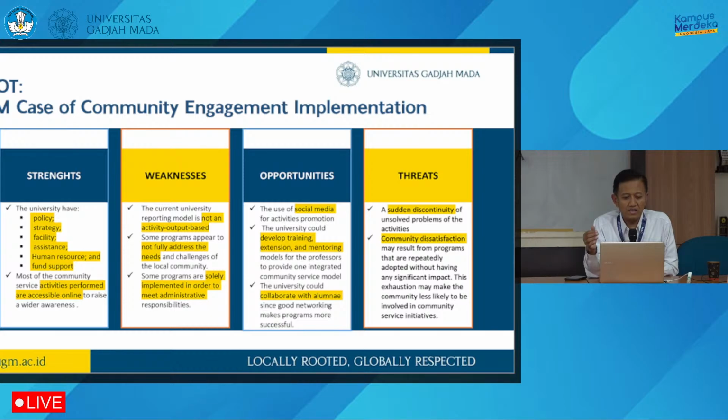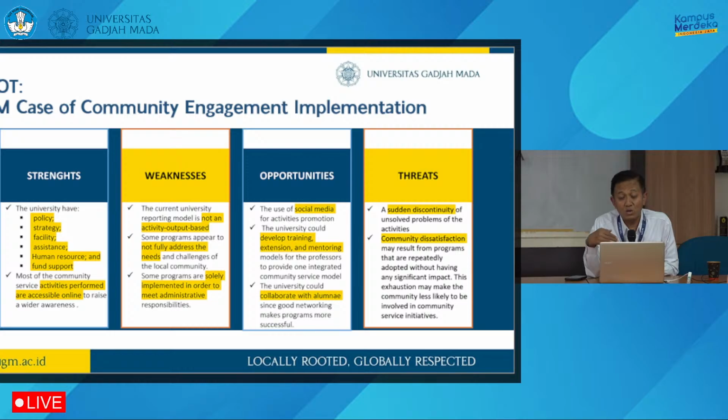The university has a policy, of course, and a strategy, and also facilitation, assistance, etc. However, a lot of activities are based on what they conduct in the community.